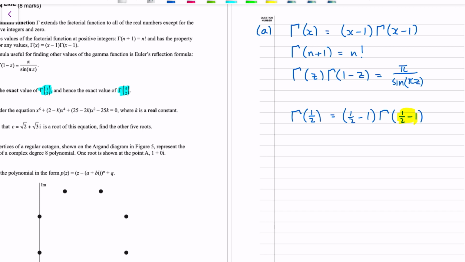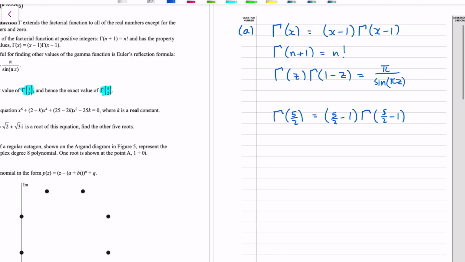So let's switch it around and go, okay, what about the gamma value of 5/2? That's going to be 5/2 minus 1 times the gamma value of 5/2 minus 1, right? So 5/2 minus 1 is 3/2 times the gamma value of 3/2. Okay, we're making progress.